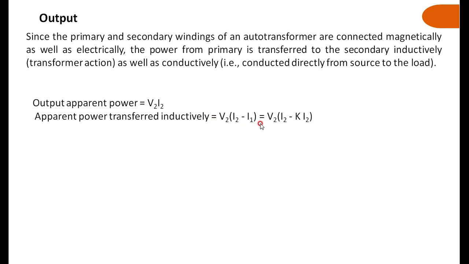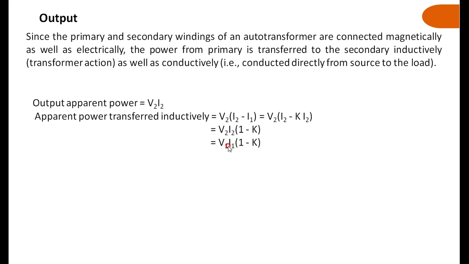Here V2, then I2 as it is, and I1 can be represented by K times I2, because we know that I1 by I2 is equal to K. Then I2 is common, so taking it common, V2 I2 times 1 minus K. That is, the apparent power transferred inductively is V2 I2 into bracket 1 minus K. Then V2 I2 is equal to V1 I1, an identity we have also derived. Therefore V2 I2 can be replaced by V1 I1, giving V1 I1 times 1 minus K.